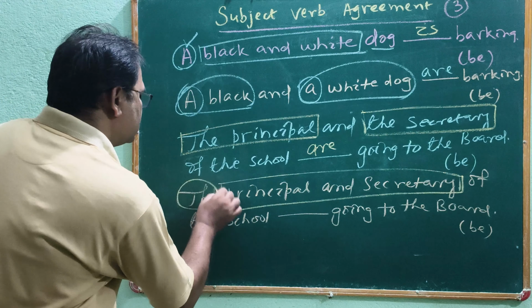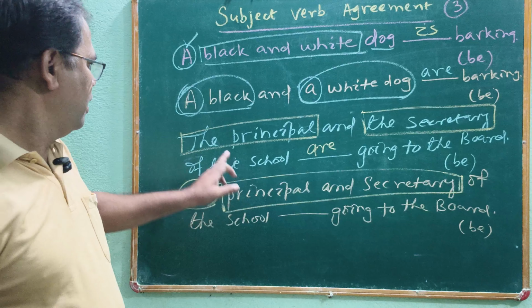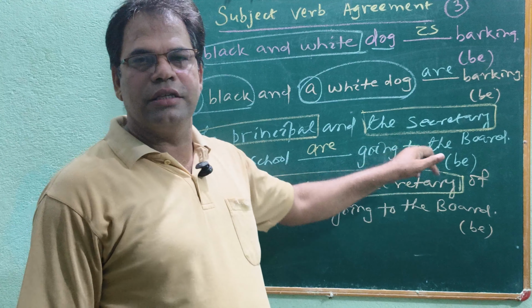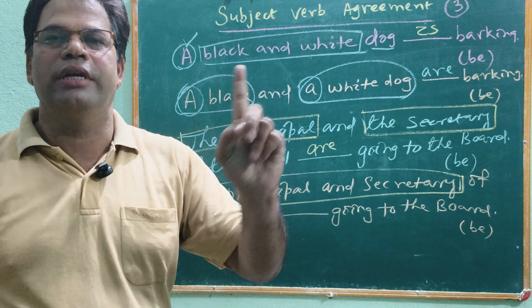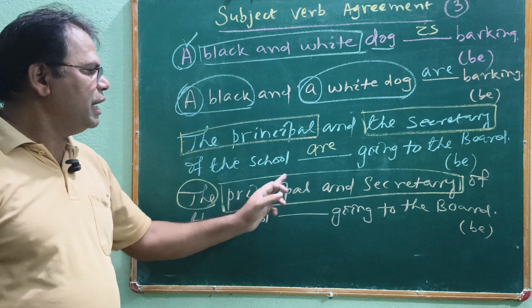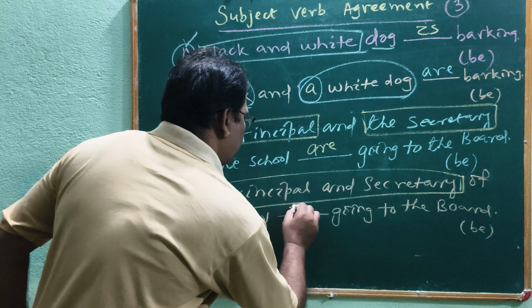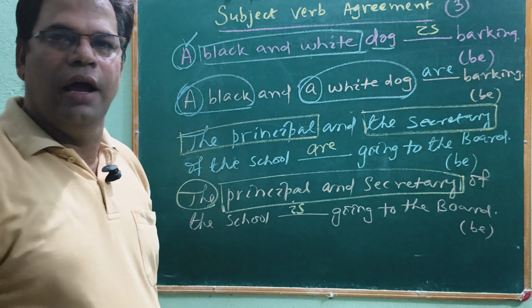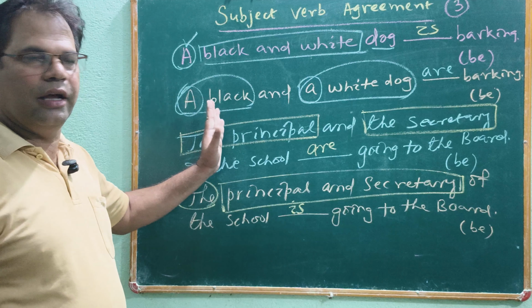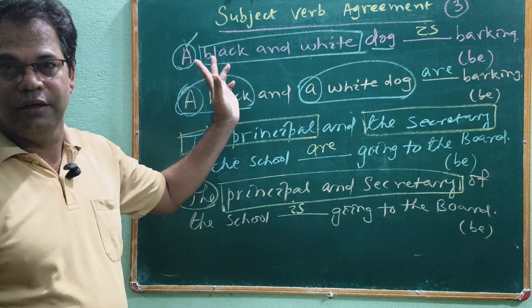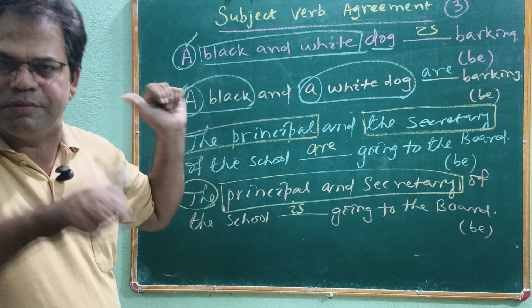That's why it is singular. You understand? Here, the principal and the secretary indicates two persons. That's why it is plural. But the principal and secretary of the school indicates singular. That's why the verb must be singular. Are you clear? This is also a use of and. Okay, it is also an exception.